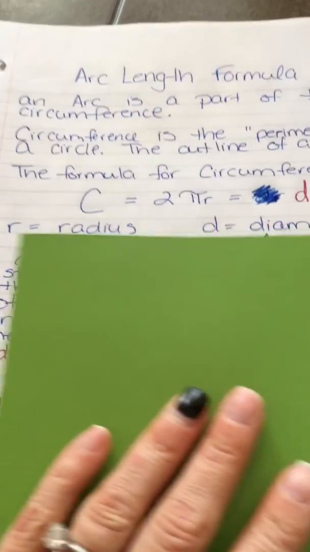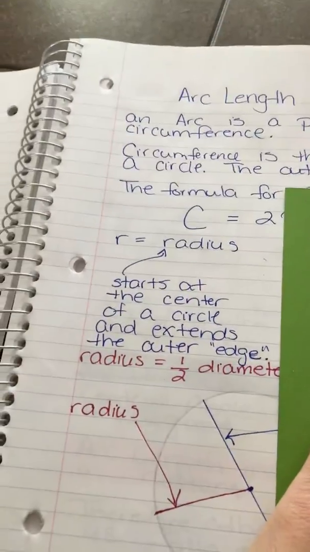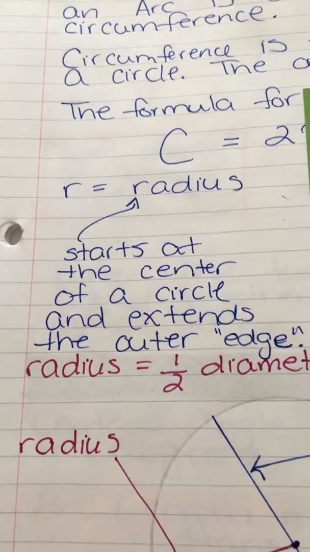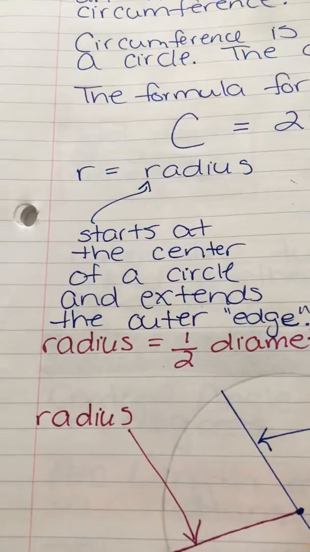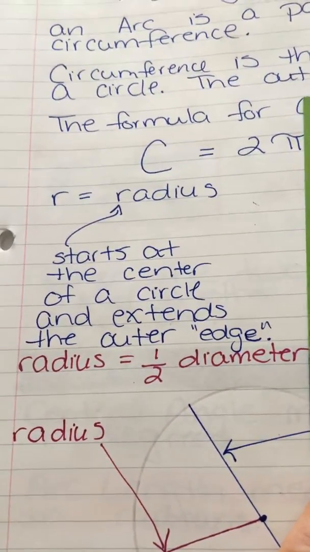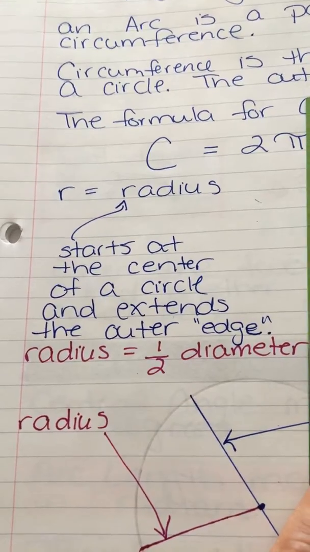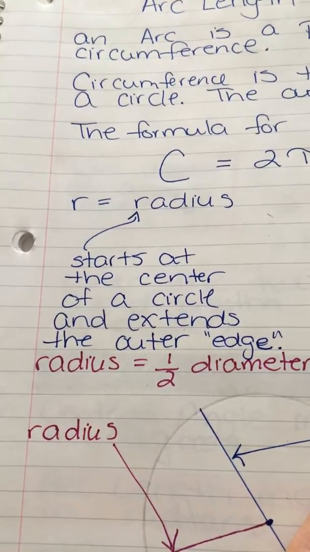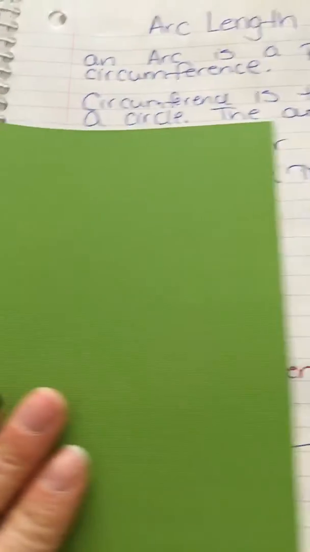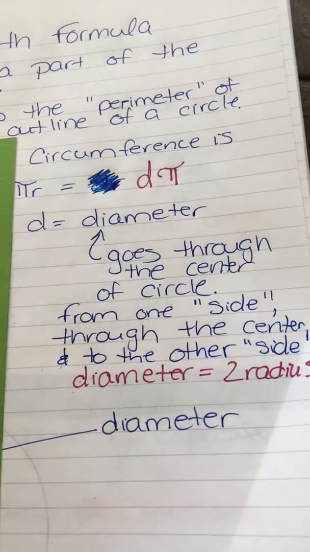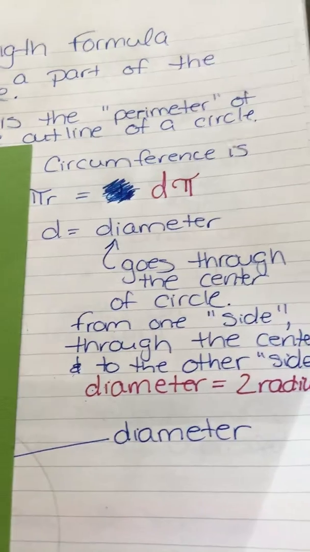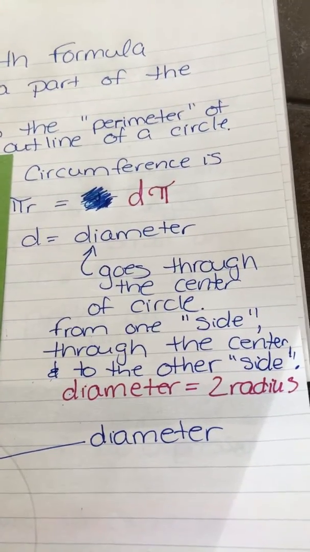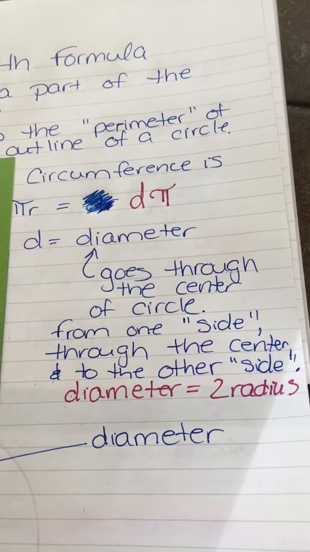Okay, now remember, let's talk about the radius. Radius starts at the center of a circle and extends to the outer edge. And radius is equal to half of the diameter. Now, if you think I'm going too fast, remember, you can pause this and write. The diameter, which equals d, goes from one quote-unquote side through the center of the circle to the other side.